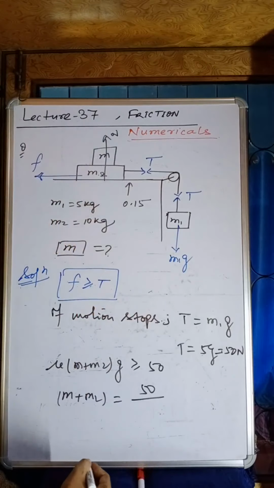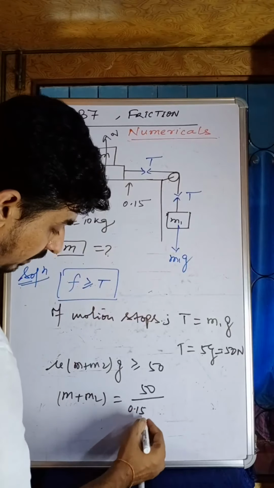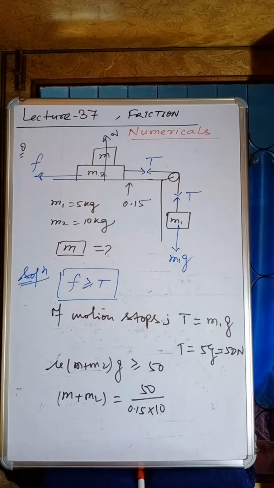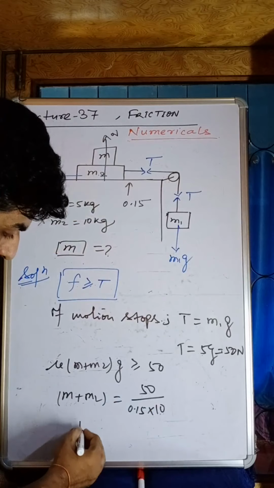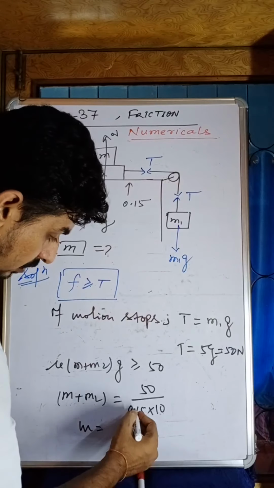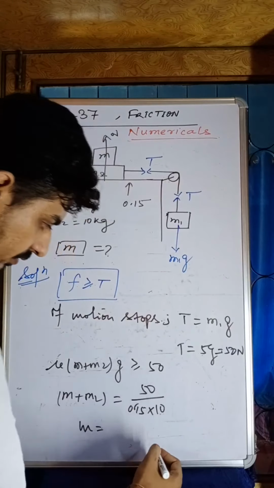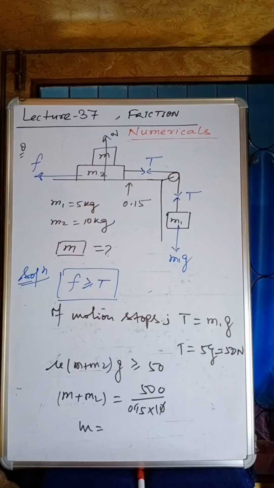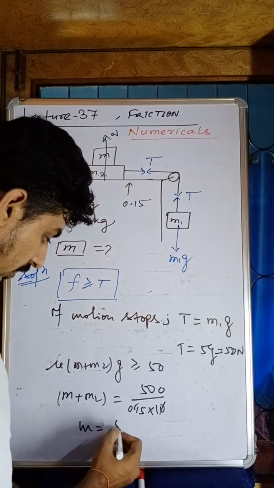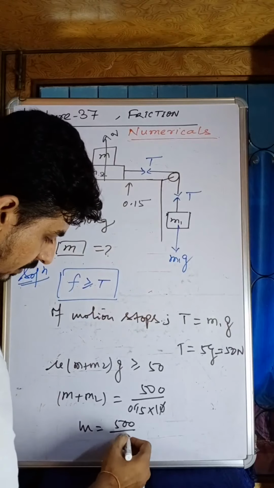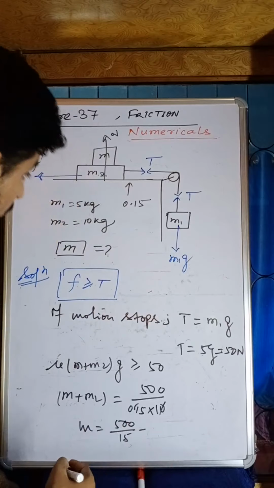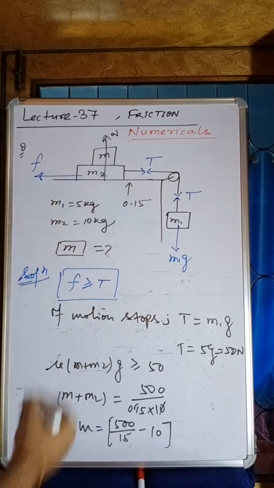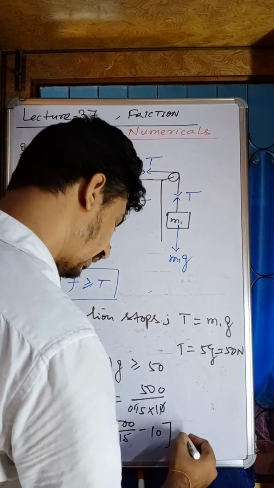Now, M we have to find, so how much is it? With the zeros it becomes 500 over 15 minus this M2, how much is it? 10. Alright, and this will be the answer.